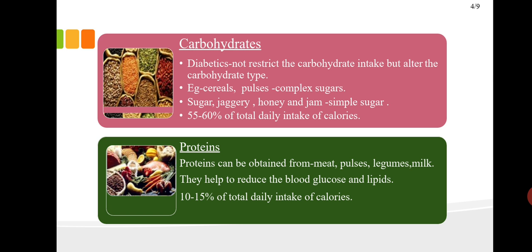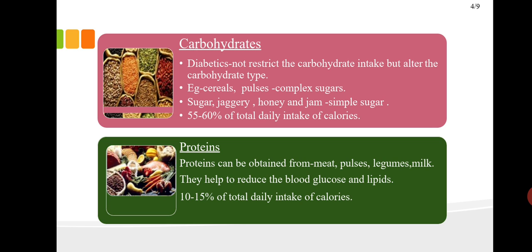In diabetic persons, first, follow 55 to 60% of total daily calorie intake from carbohydrate in their food, and 10 to 15% from protein.